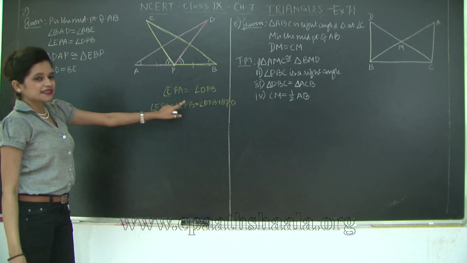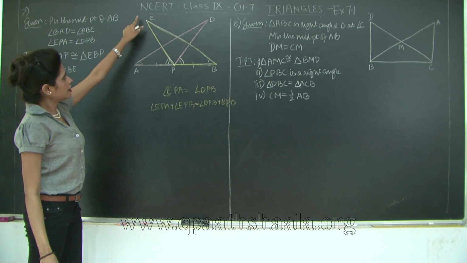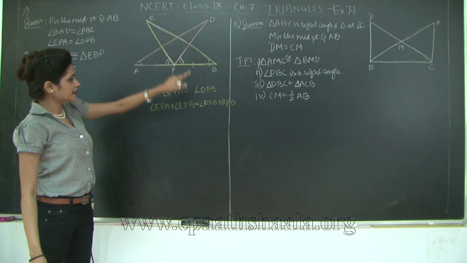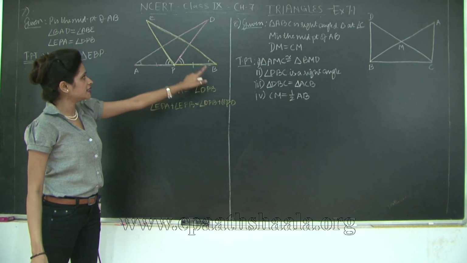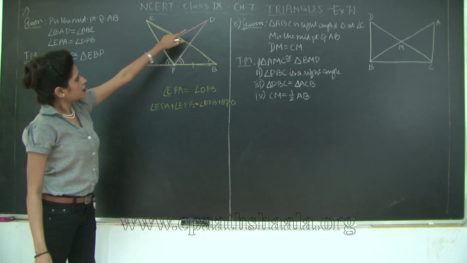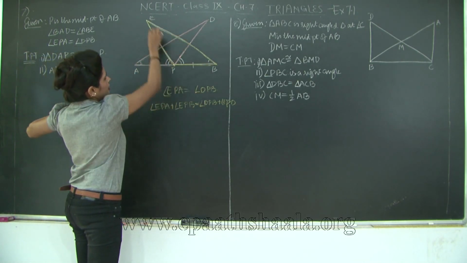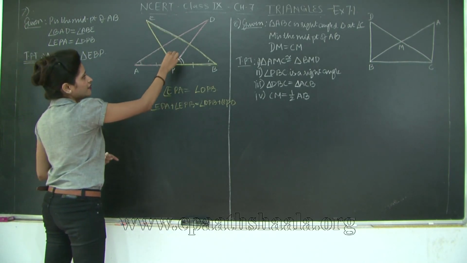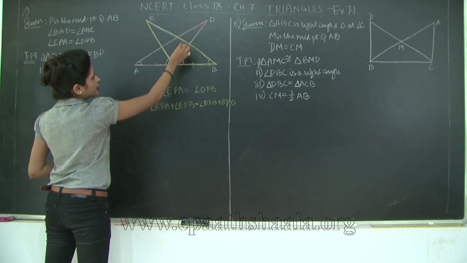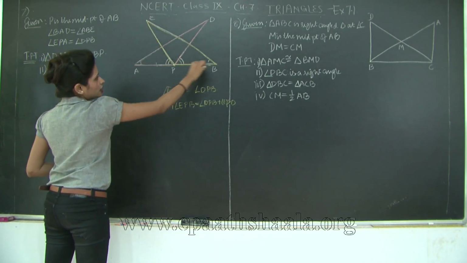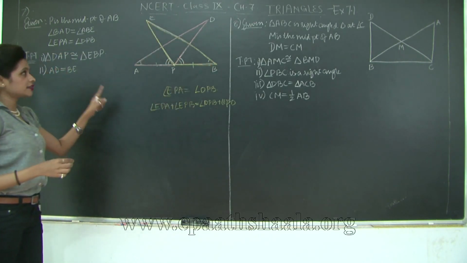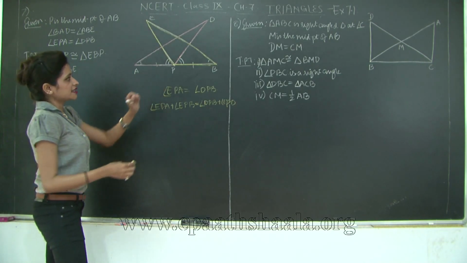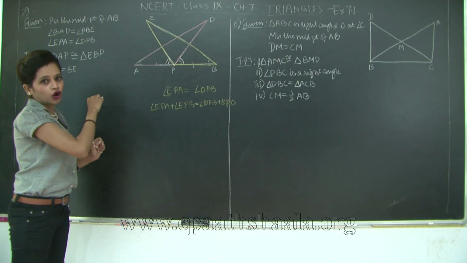But EPA plus EPD is what? We have APD, correct? Similarly, DPB plus EPD is what? It is BPE, correct? So coming back to the two triangles, the entire angle DPA is equal to EPB. Therefore, I can say that the two triangles DAP and EBP are congruent by the angle side angle test of congruence.